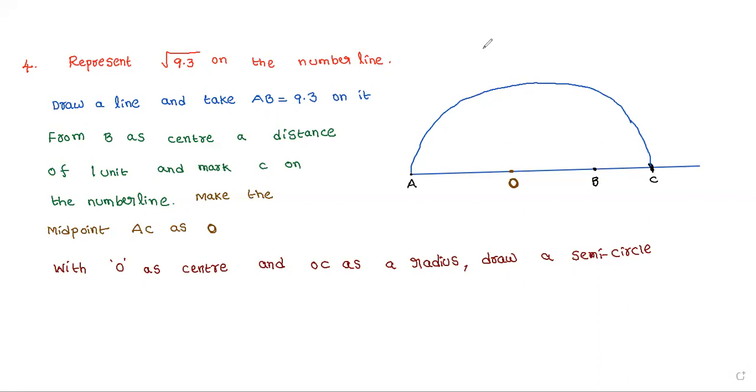At B, next draw a perpendicular to cut the semicircle at D. Perpendicular means 90 degree.